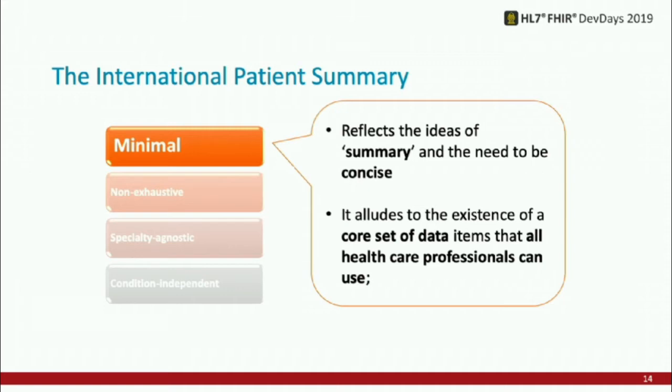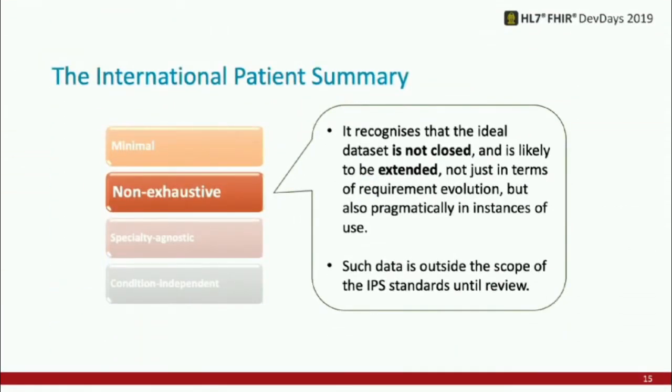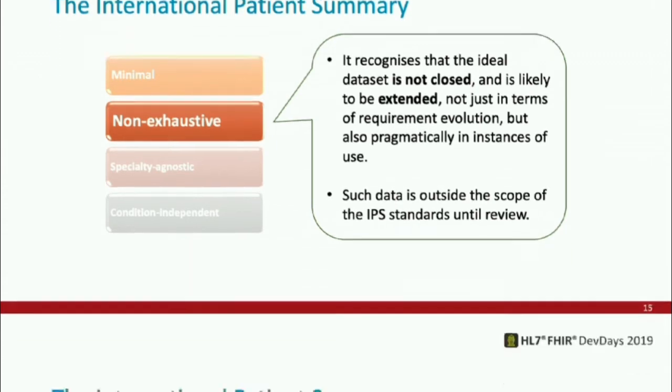If we hear requirements from folks, we want to do our best to deal with those. So non-exhaustive means it's not closed, and likely to be extended. If we hear things from folks, like what Bryn's talking about, we can evolve and incorporate those things if they're significant, but we don't put them in until we've had some review process on that.